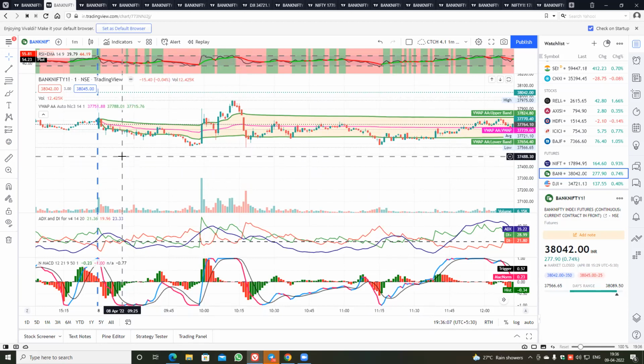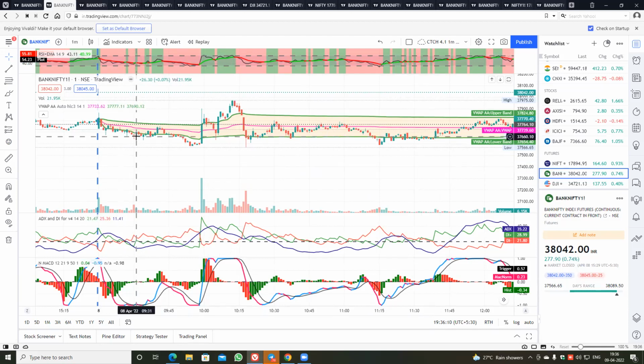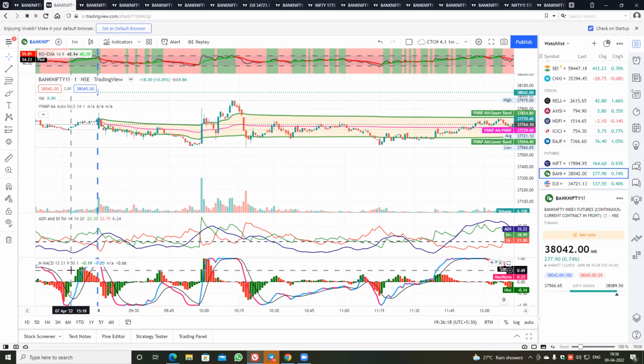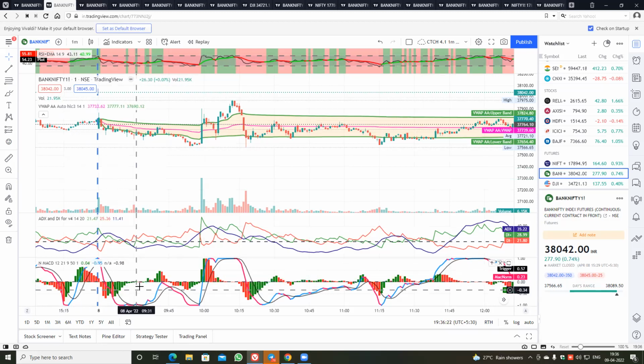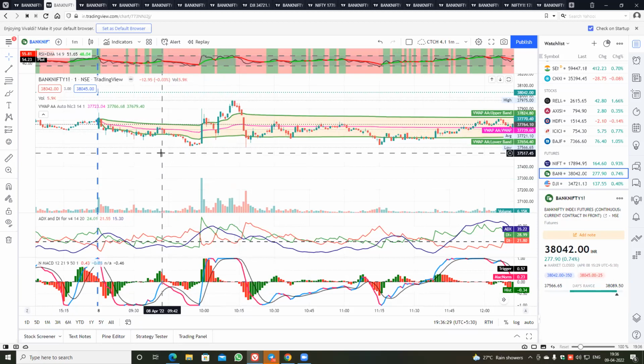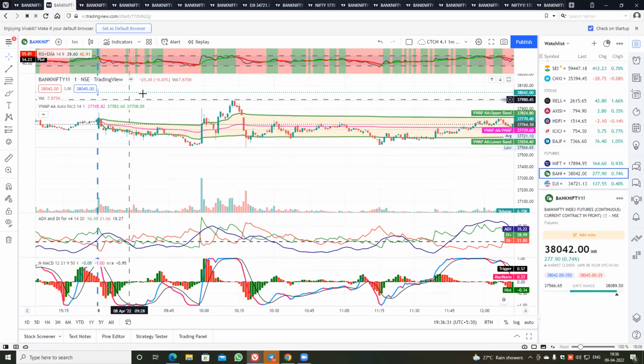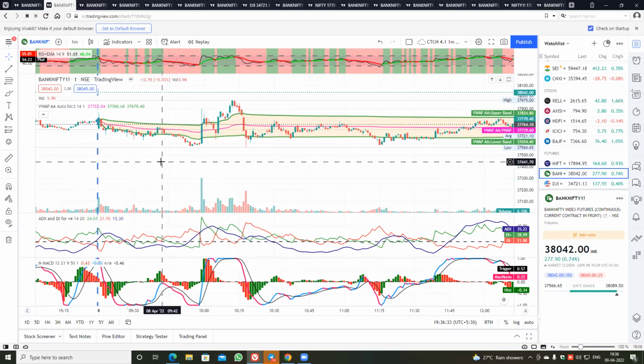RSI comes under the momentum category, and ADX also comes under momentum. This normalized MACD also comes under momentum, a trend following momentum indicator. And this we can call a benchmark indicator, VWAP. I'll be explaining each of these indicators.